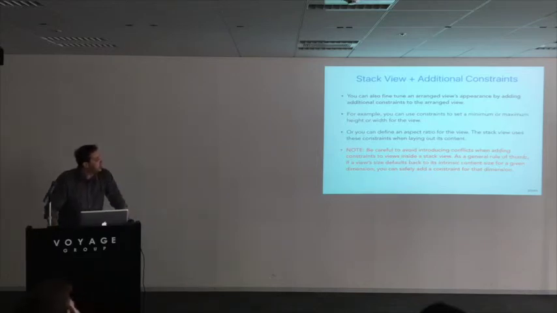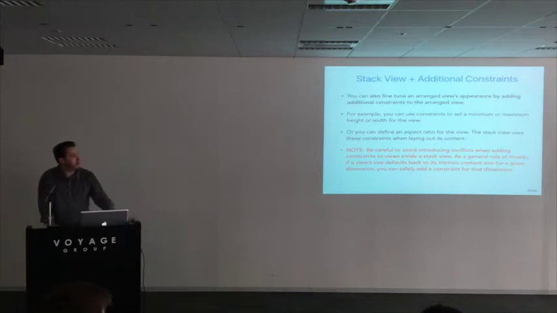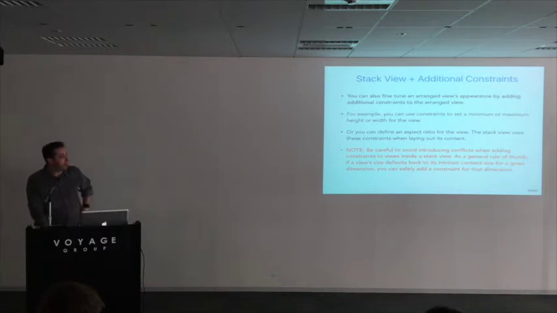Okay, so as I mentioned before, you can fine-tune the arranged views' appearance by adding additional constraints, but that can sometimes be quite tricky because the stack view has its own internal constraints, and you're adding constraints on top of that, and that can sometimes create ambiguity. So Apple actually does have a rule of thumb. If the view size defaults back to its intrinsic content size for a given dimension, you can safely add a constraint for that dimension.